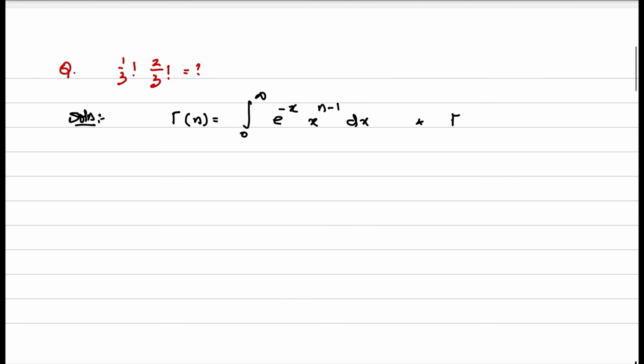This is the definition of the gamma function. And gamma 1 is equal to 1. Another identity we have also proved in the previous classes. Please refer to them.